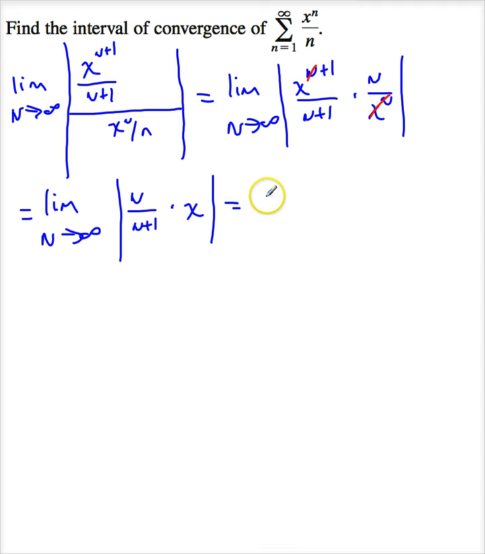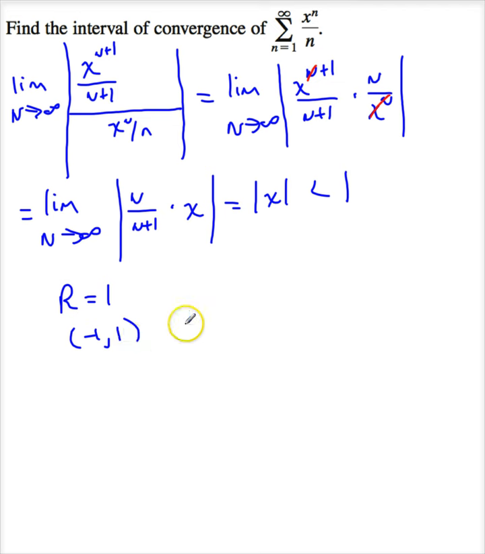So if I take this limit, this is the absolute value of x. So I've used the ratio test, and I want to make it less than 1. So I need the absolute value of x to be less than 1, which tells me my radius of convergence is 1, and my interval is from -1 to 1.